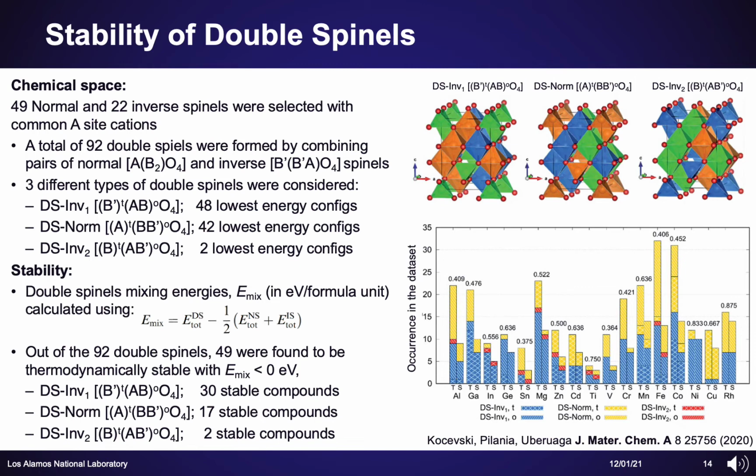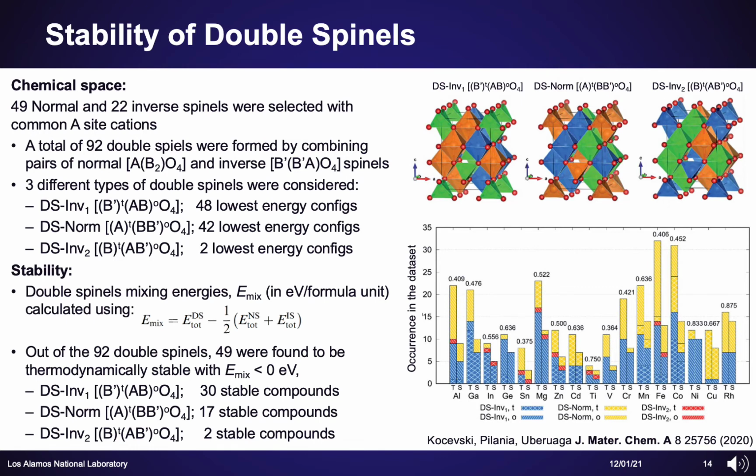In total, we considered mixing between 49 normal and 22 inverse spinels that have been experimentally synthesized and have a cation in common, generating a set of 92 double spinel compositions. We performed DFT computations for the entire set of 92 spinels in three different double spinel configurations shown on the top right.